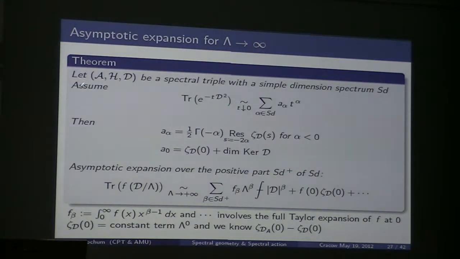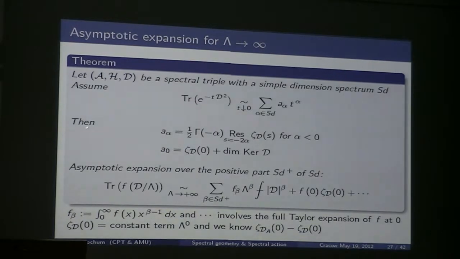Assume that you have a spectral triple, a good one, of dimension d. Then for the trace of this operator, I insist, you assume that it has this behavior. So alpha could be a complex number in the dimension spectrum, and you assume that you have this asymptotics.